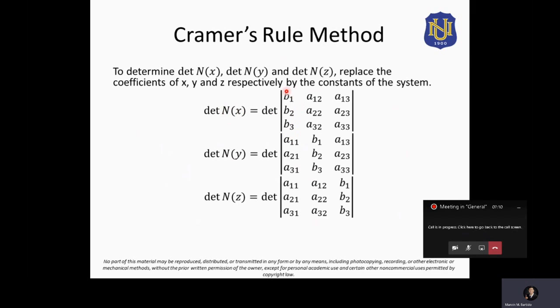So this is the column of the x variable, right? The first column. You replace it with the values of our constants.